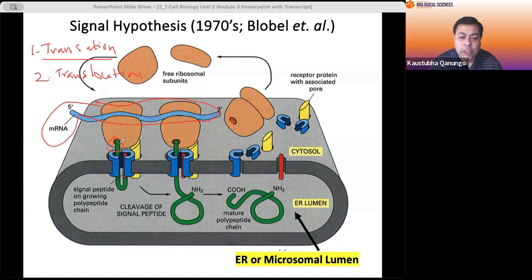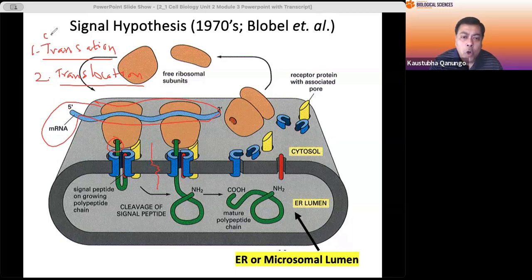Translocation is the process of moving this protein through the translocon, either into the lumen or into the membrane of the ER. That process, the movement of the protein, insertion in the ER membrane or releasing into the lumen, is translocation. Translation and translocation.